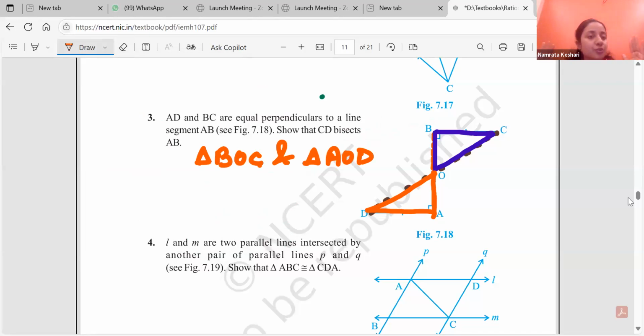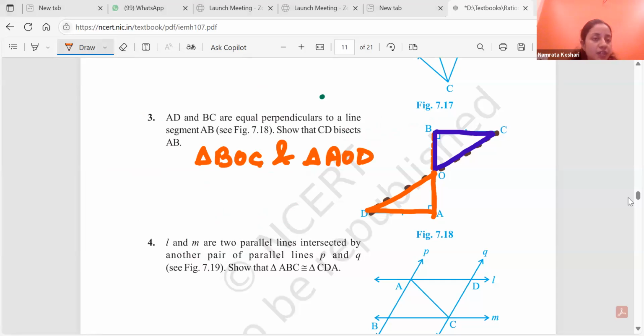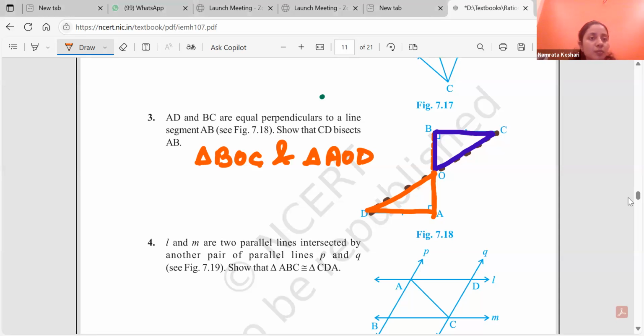Why? Because we have written in between. Sequence we will write particularly, specifically when we are using the congruency symbol. That time we have to be careful with the symbol, with the sequence, with the alphabets.